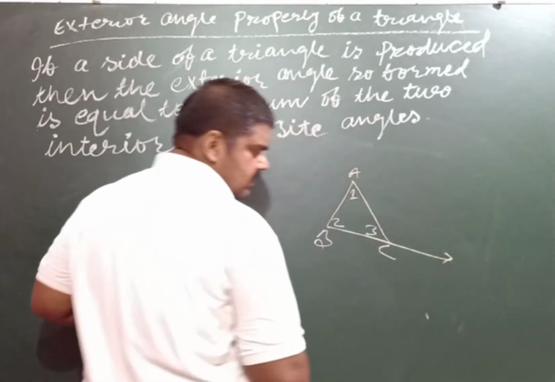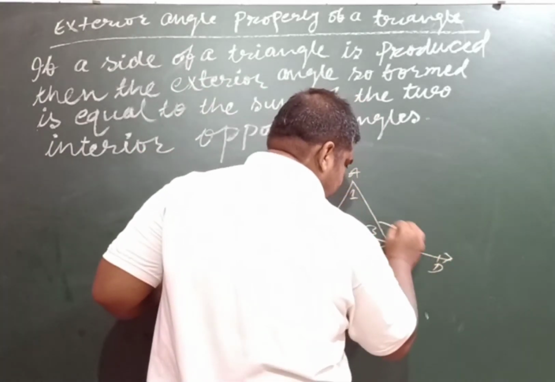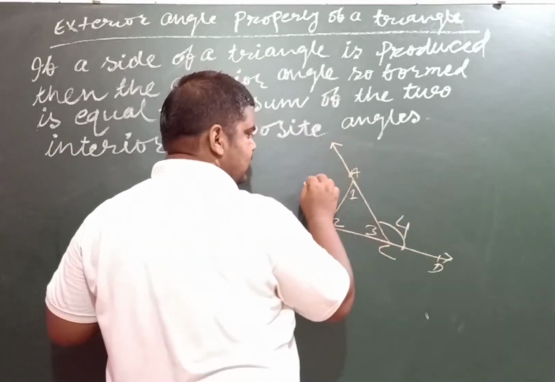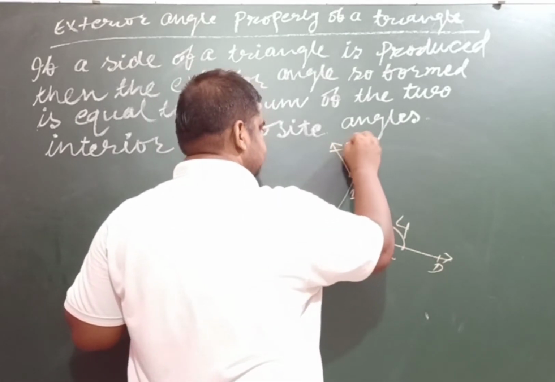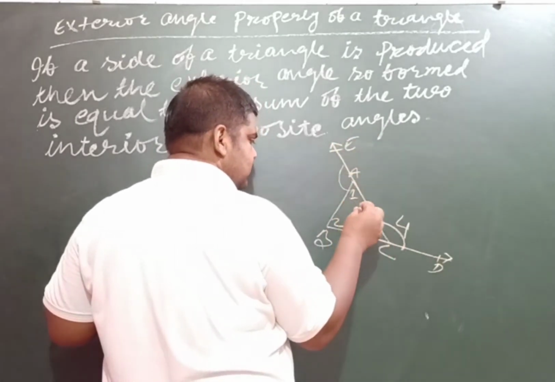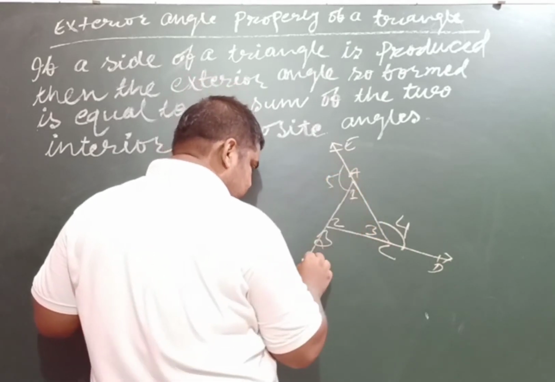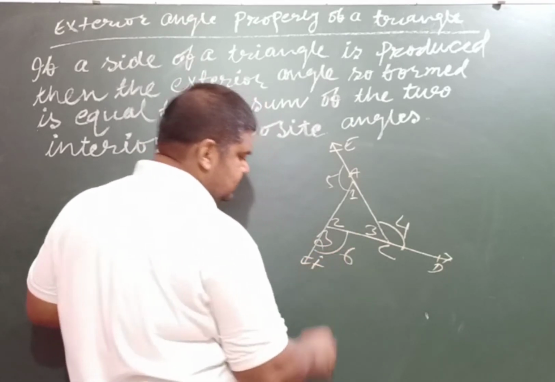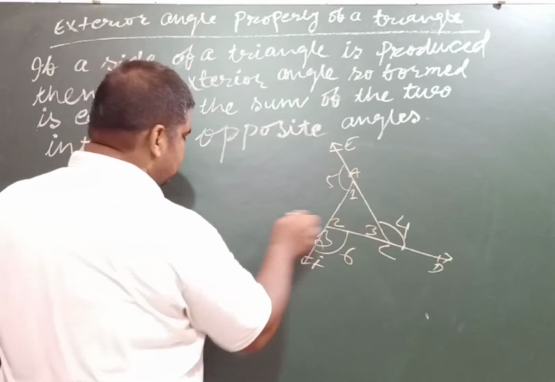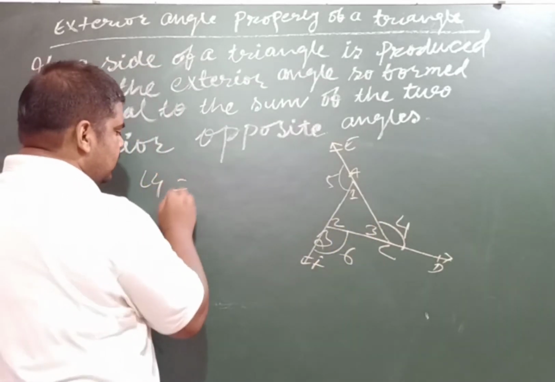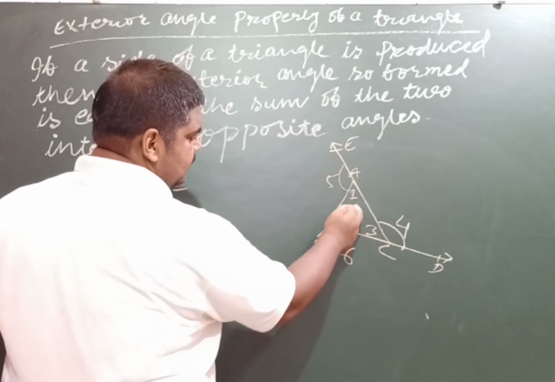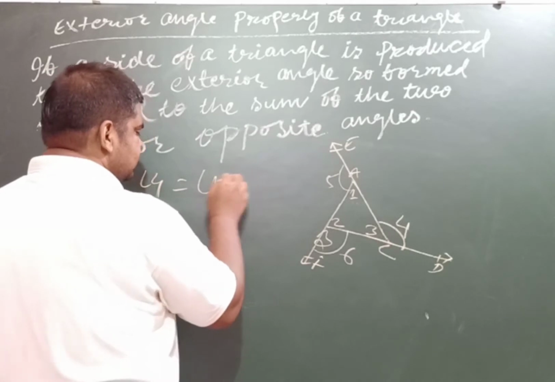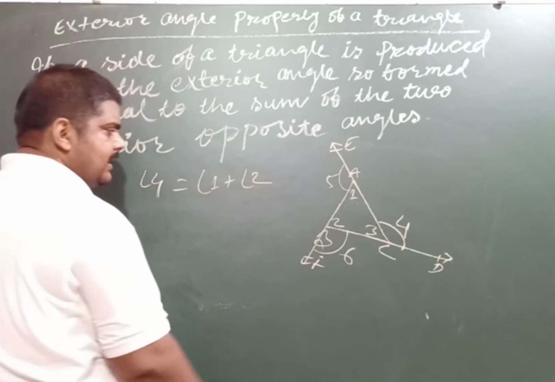If you extend this side to D and name that angle 4, and by the exterior angle property you know very well that angle 4 is equal to the opposite interior angles, and you can see that 1 and 2 are the opposite interior angles. So angle 4 is equal to angle 1 plus angle 2.